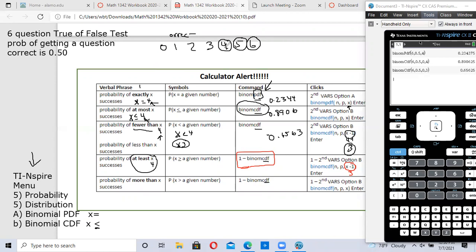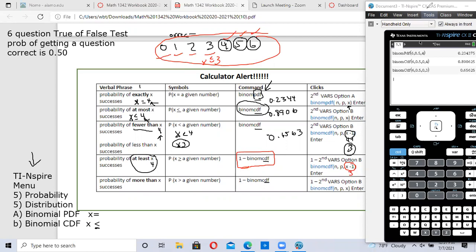But we're doing 4, 5, and 6 correct. So that means we're going to do 1 minus these. If we subtract these, X is less than or equal to 3, then we'll get these 3. Do you see? If we do the whole thing minus the red underlined ones, X is less than or equal to 3, we'll get the answer.